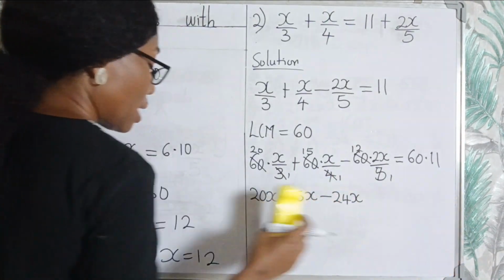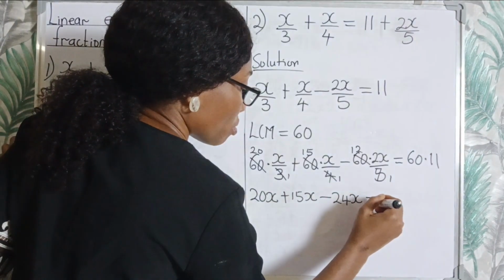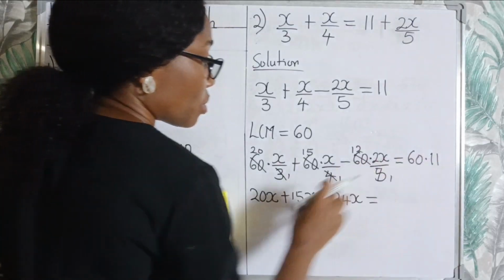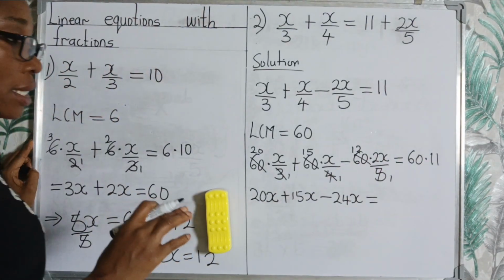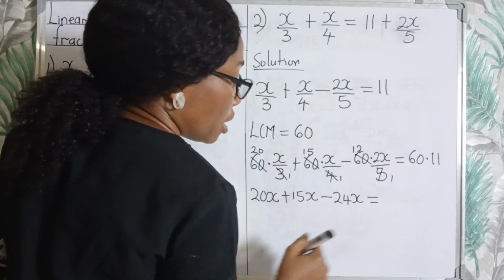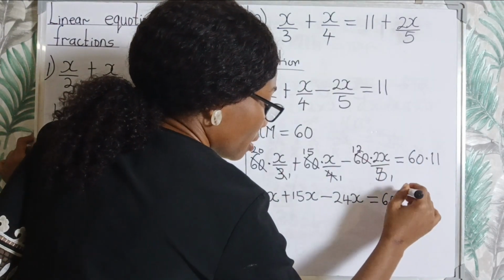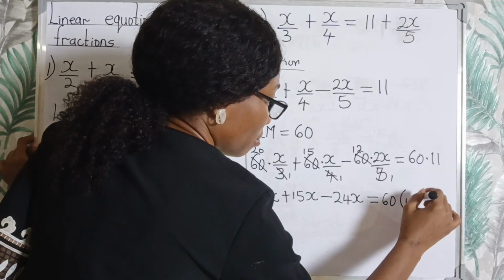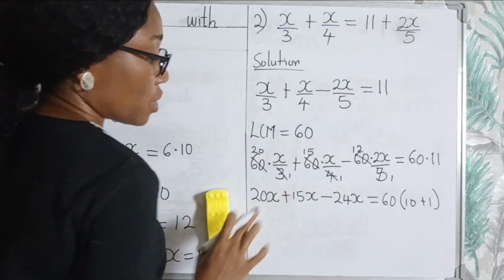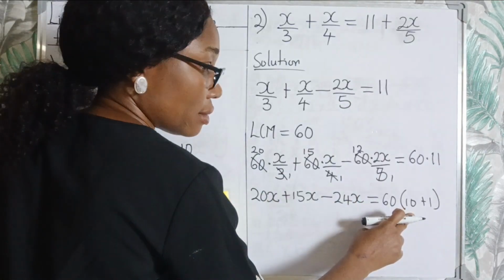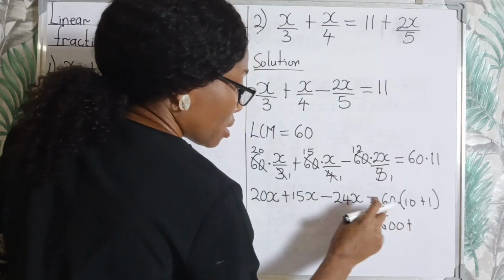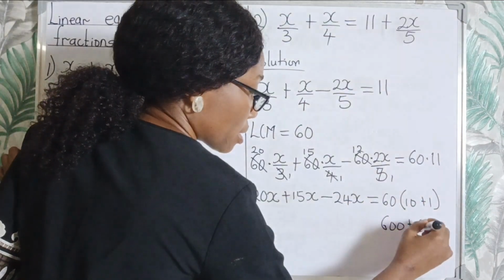Okay, and then this is equal to 60 times 11. We can actually break this down to help us multiply correctly. So 60 times 11, let's say 60 times 10 plus 1. 60 times 10 is 600 plus 60 times 1 is 60.